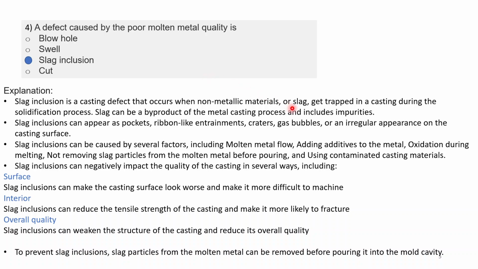This one would be slag inclusion, because inclusions affect the quality of the molten metal. They can come from scrap or from the sand, or the metal itself can react with oxygen and form oxides which can act as inclusions.